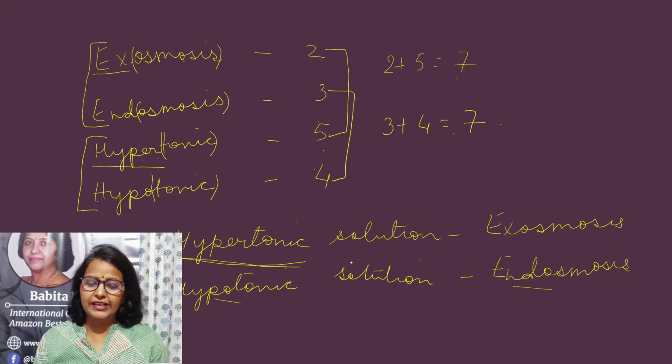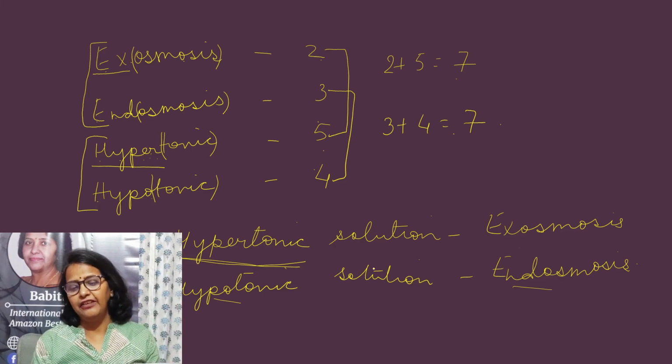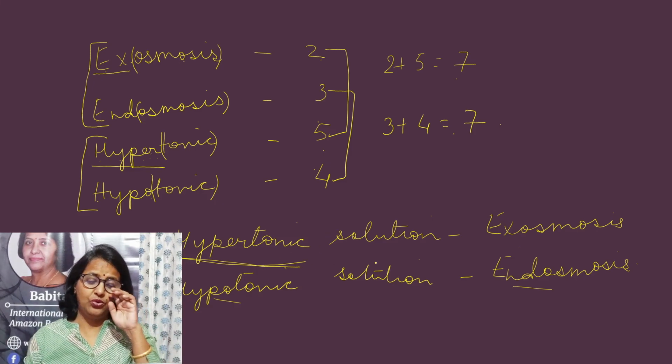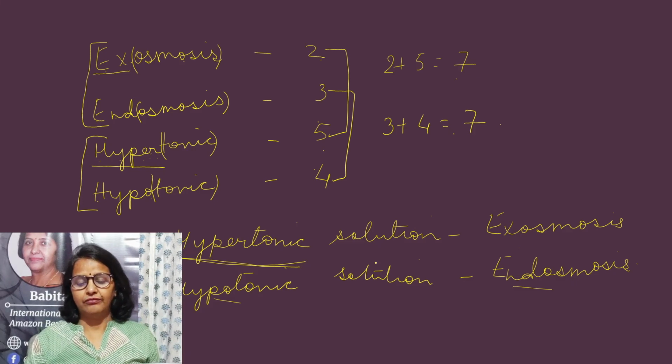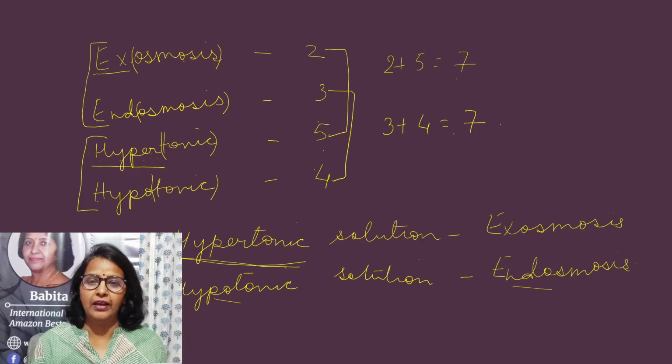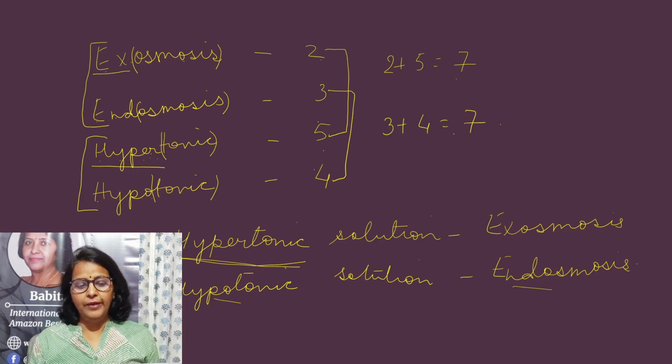There are numerous examples from our daily life where we can show this endosmosis and exosmosis. We will discuss those examples tomorrow, along with the reasoning, what can be the reason where exosmosis is occurring and where endosmosis is occurring. So this is all for today.